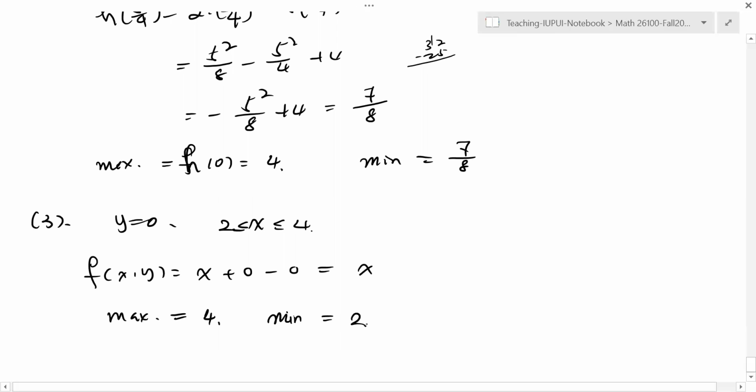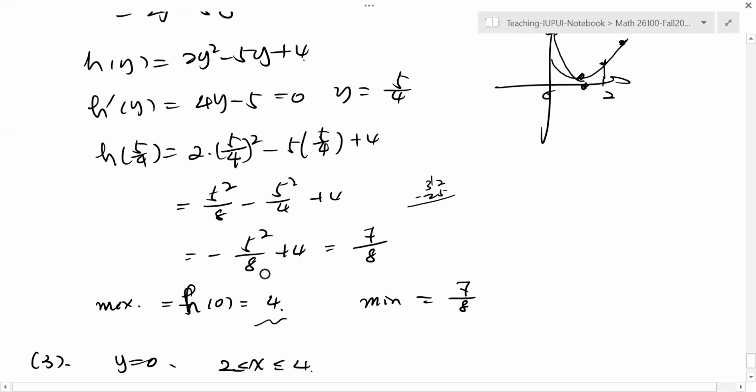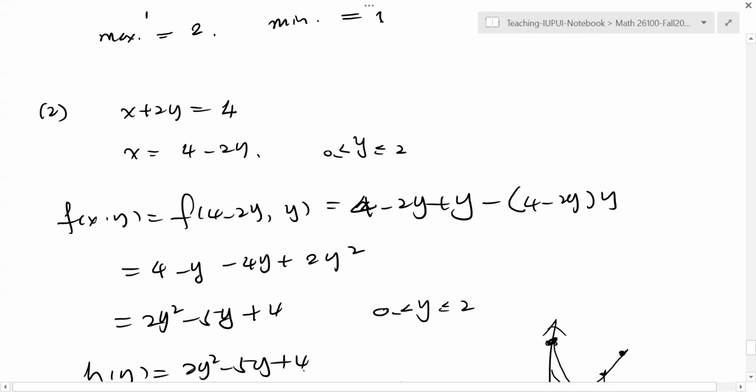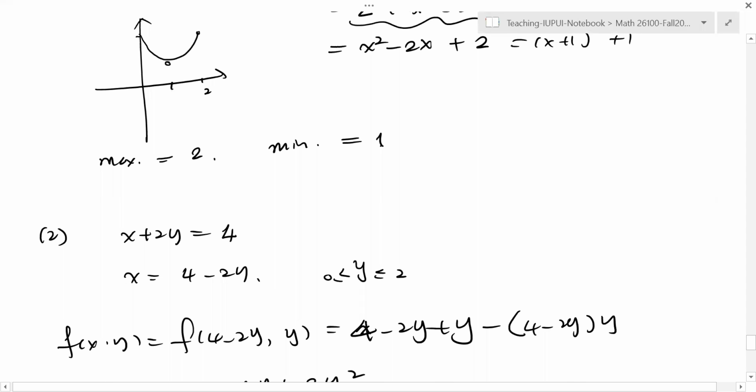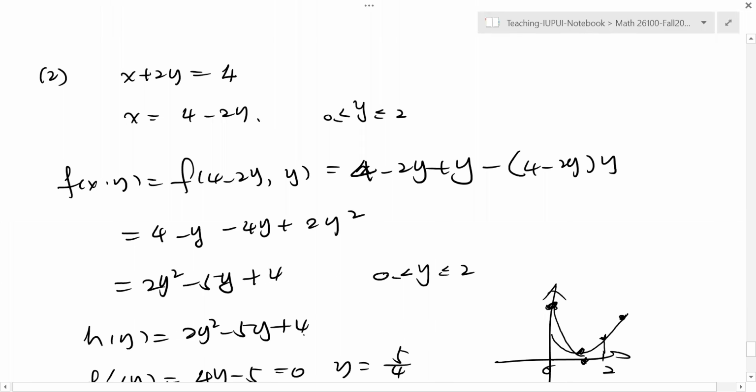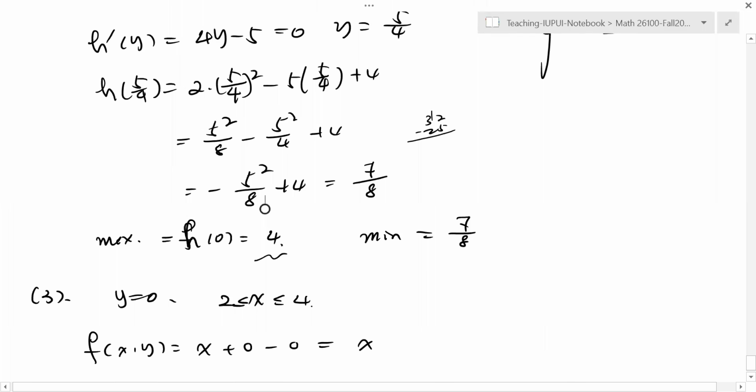Now, considering the function along the three sides of the boundary, 4 should be the largest possible value, and the smallest value probably is going to be 7 over 8.